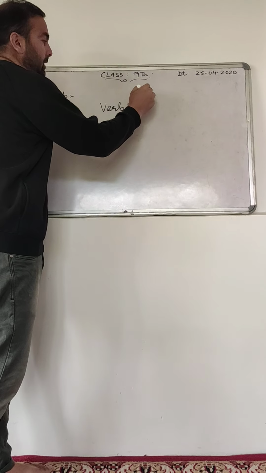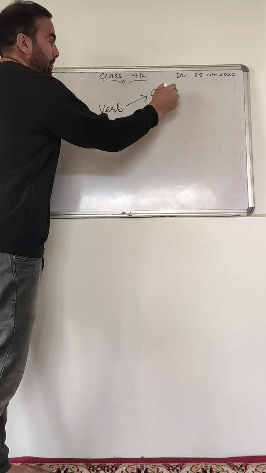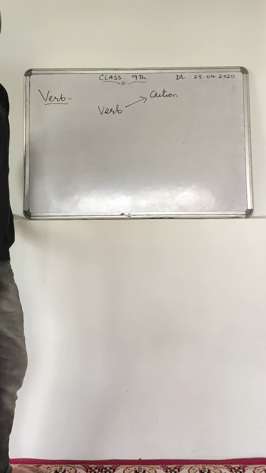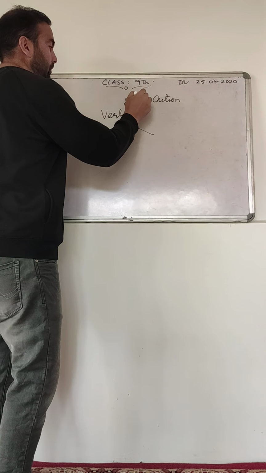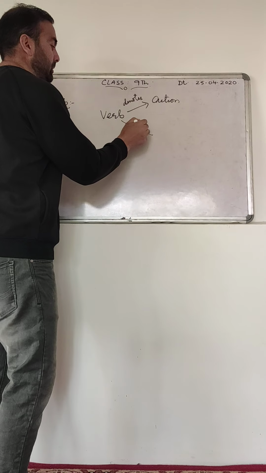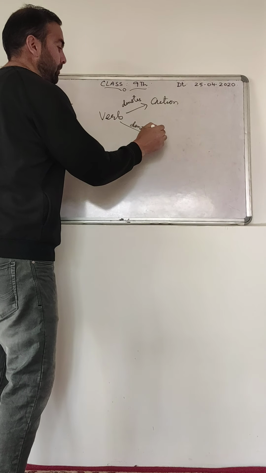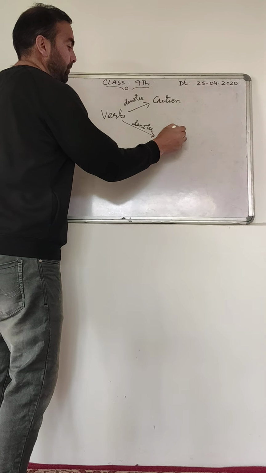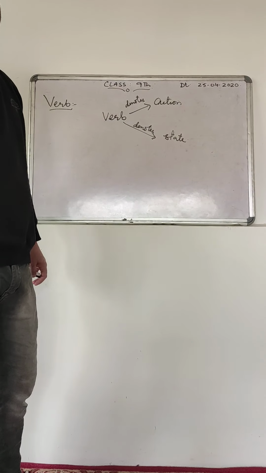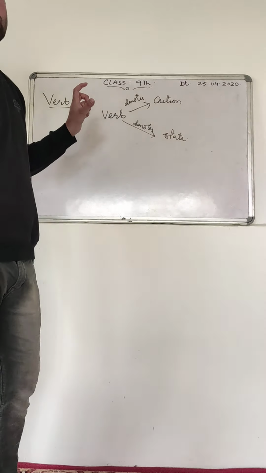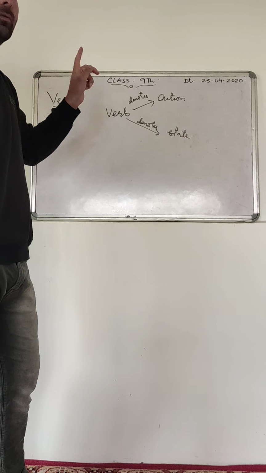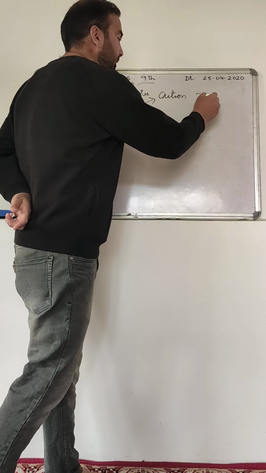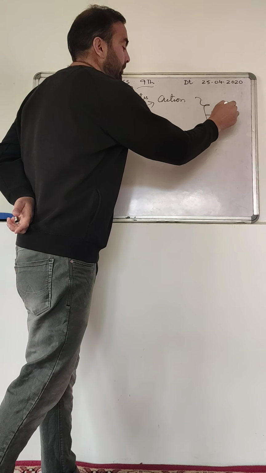It denotes an action. Also, it denotes a state. So, verb is a word which denotes action, which denotes state of what? Of the subject.